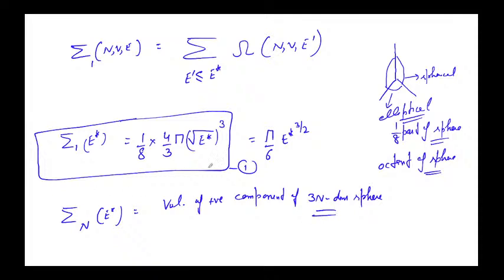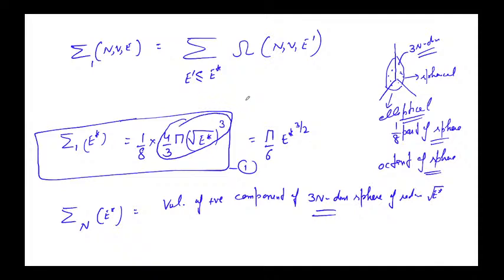In this case, if there are N number of particles, then they can move in 3N dimensional degrees of freedom. So the volume for N particles is the volume of the positive component of a 3N dimensional sphere of radius square root of E star.